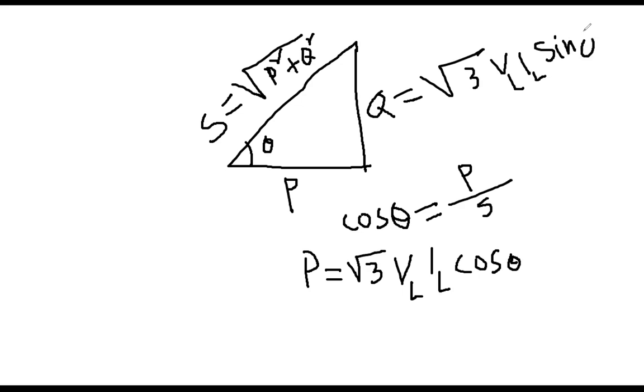You will be using this one. And then S, if you take root over P square plus Q square, ultimately you will get S is root 3 VL IL. Not 3 VL IL. Always remember this number, root 3. That root 3 is coming.